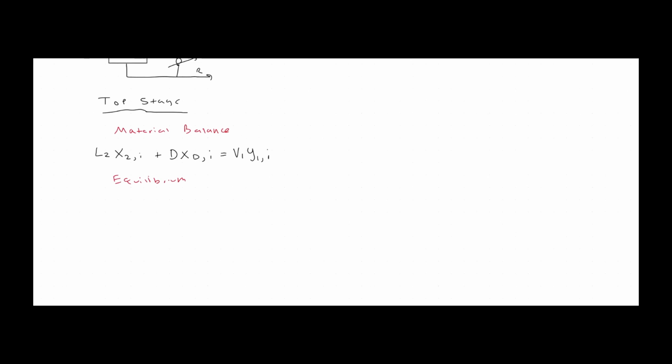Just keep that in mind. Specifically for our top stage, we're referencing our vapor composition and liquid compositions in this case. So it'll be our vapor composition at stage one, component i, equal to our K value at stage one at component i multiplied by our liquid composition at stage one at component i.